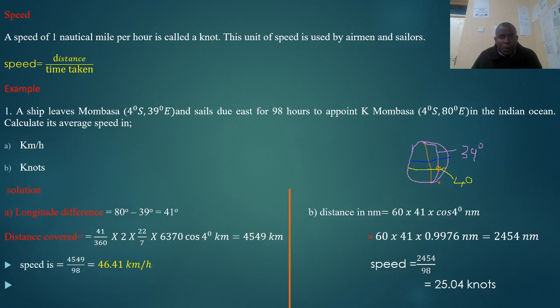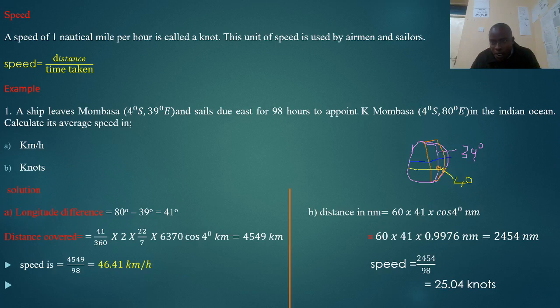Then you talk about another 4 degrees south and 80 degrees to the east. 80 degrees to the east will be towards this side. So another point here, this point K to the east of Mombasa.